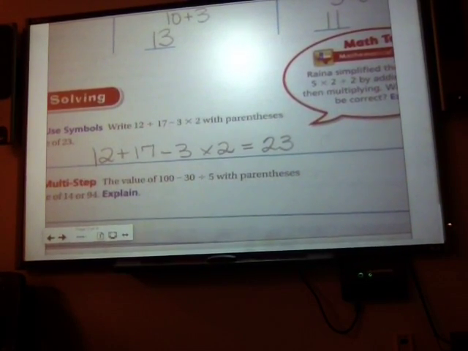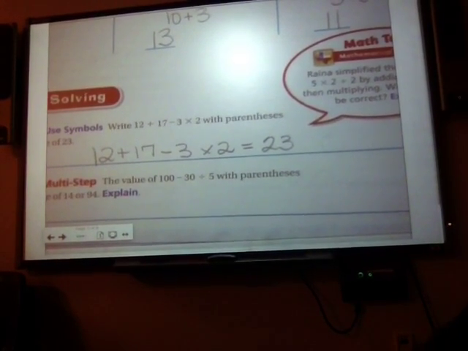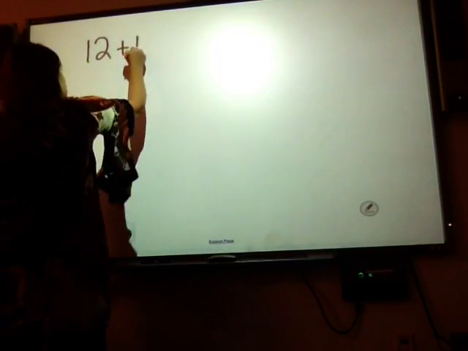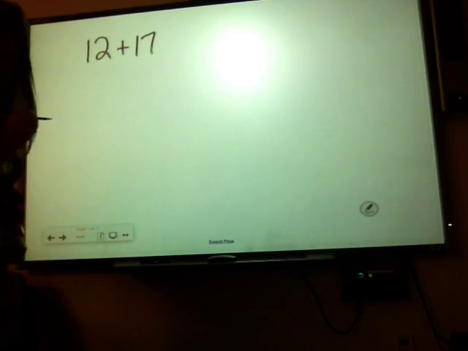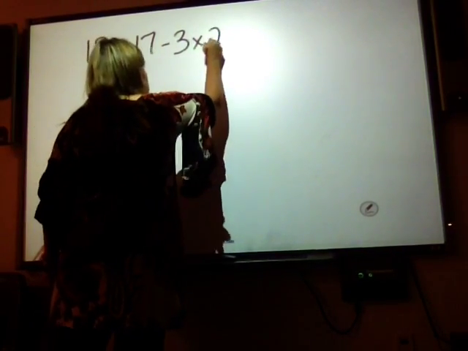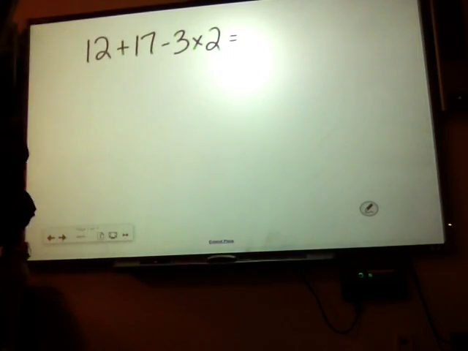It's telling you what your equation is, and you're going to have to tell me where I'm going to put my parentheses. So the problem is 12 plus 17 minus 3 times 2, and it tells you the value is 23.